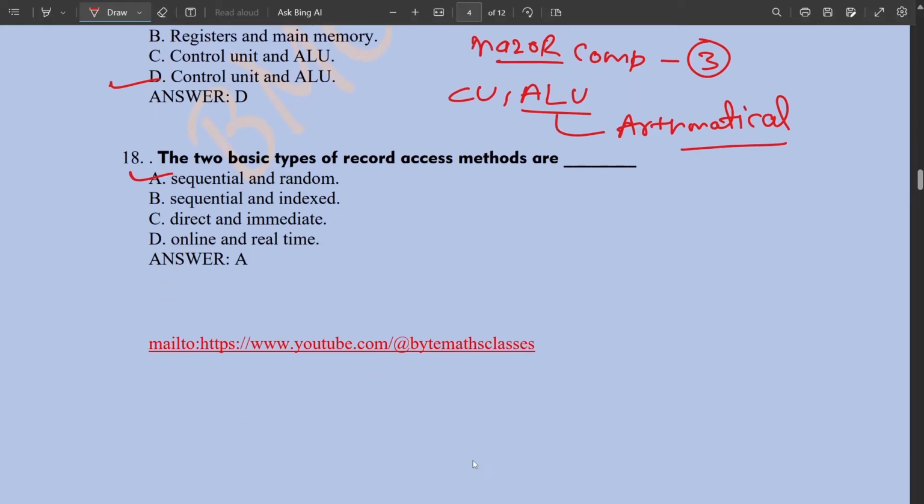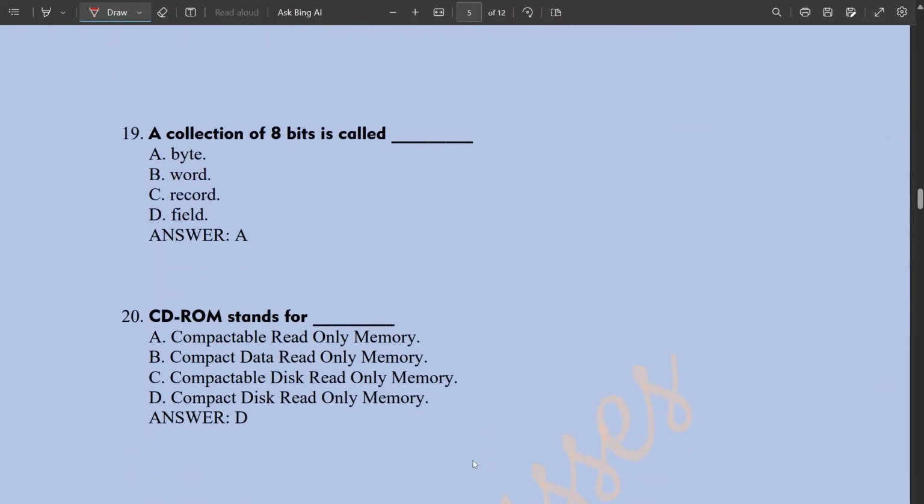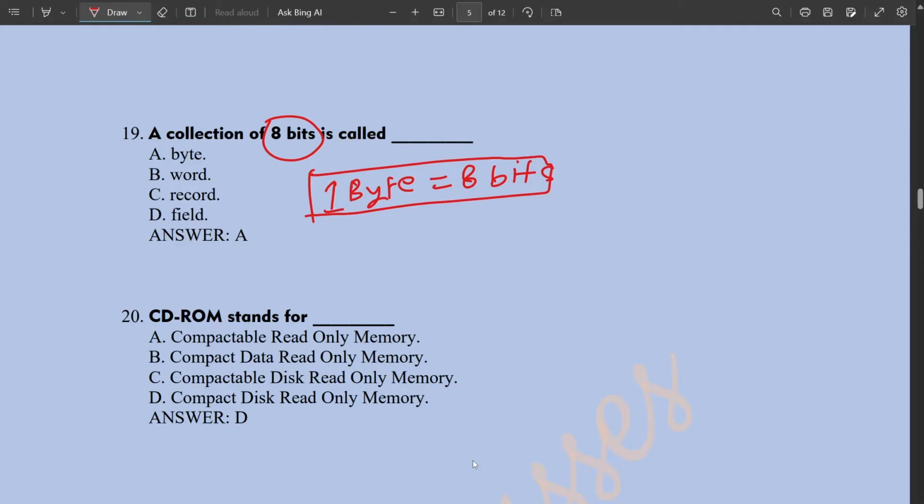Next, a collection of 8 bits is called what? We all know that 1 byte is equal to 8 bits, so 8 bits is called a byte. Option A is correct.